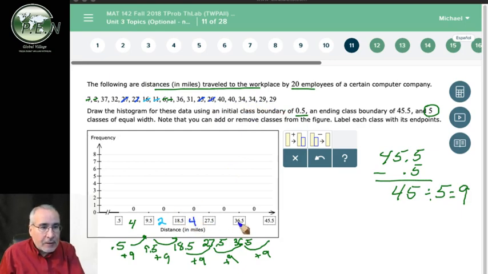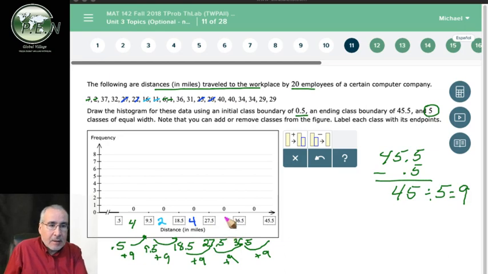Then we're going to look at 27.5 to 36.5, so actually 28 to 36. There's 1, 2, 3, 4, 5, 6, 7. 7 things that are 28 to 36.